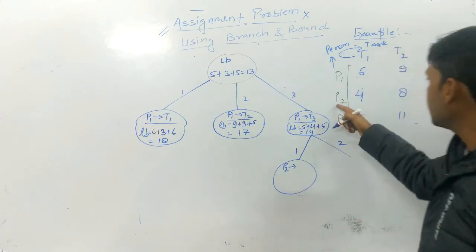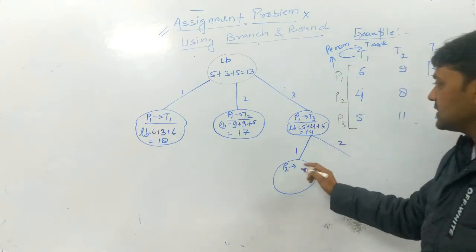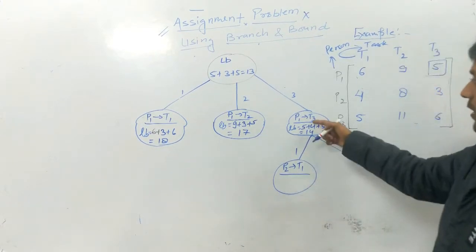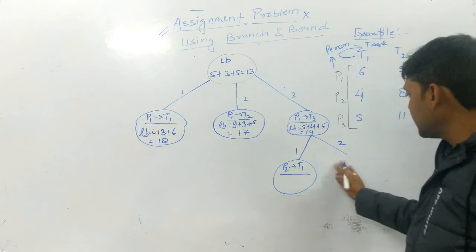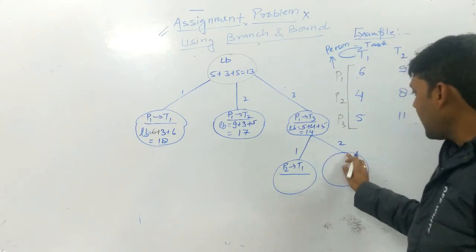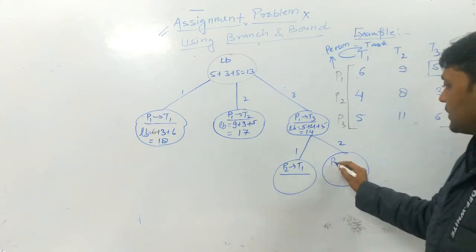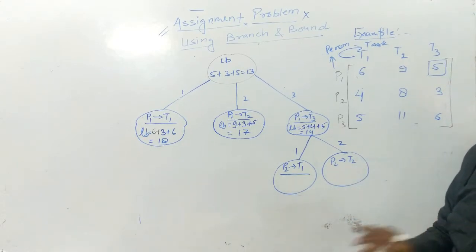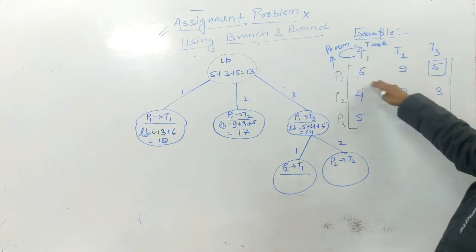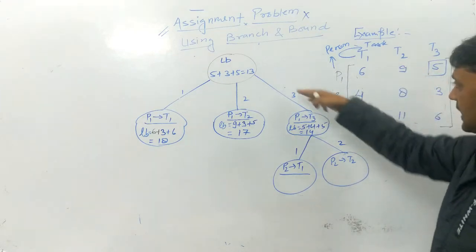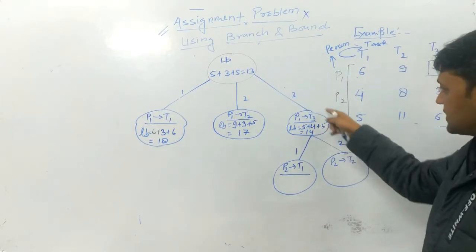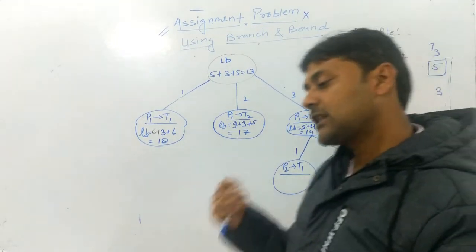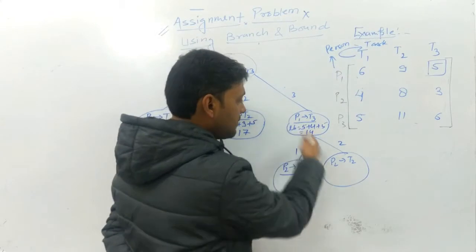P2 is performed T1 or P2 is performed T2. T3 is not performed by P2, because it is already performed here in the first step. This is P1, that means person first performs the third task according to this branch.